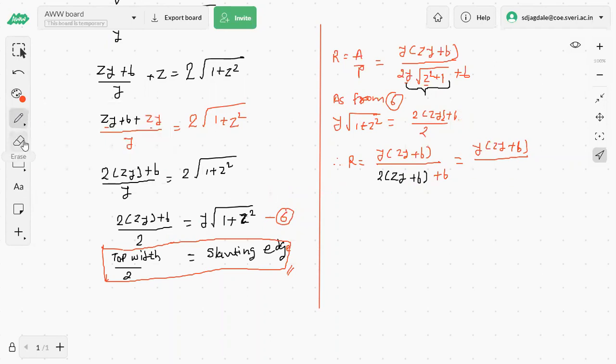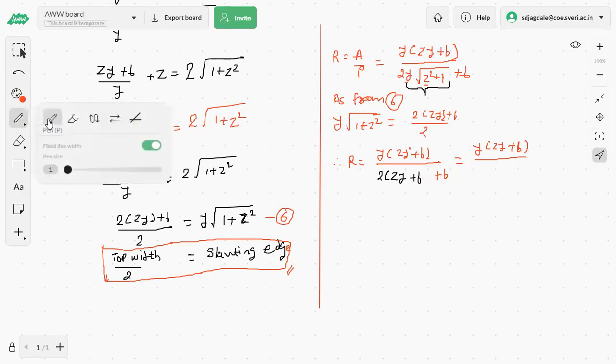So here also we have a correction now. This 2 is multiplying to the y only. So this one is correct. Here we made a mistake. This is also correct one. In denominator we had a correction.